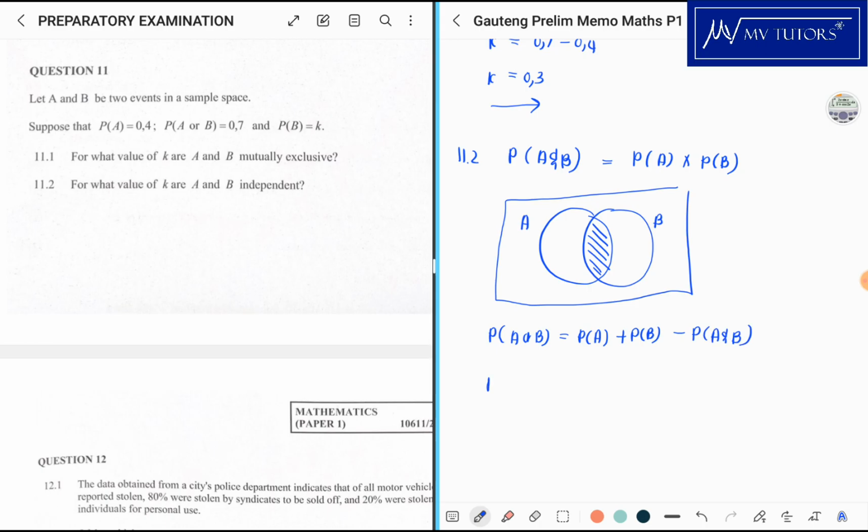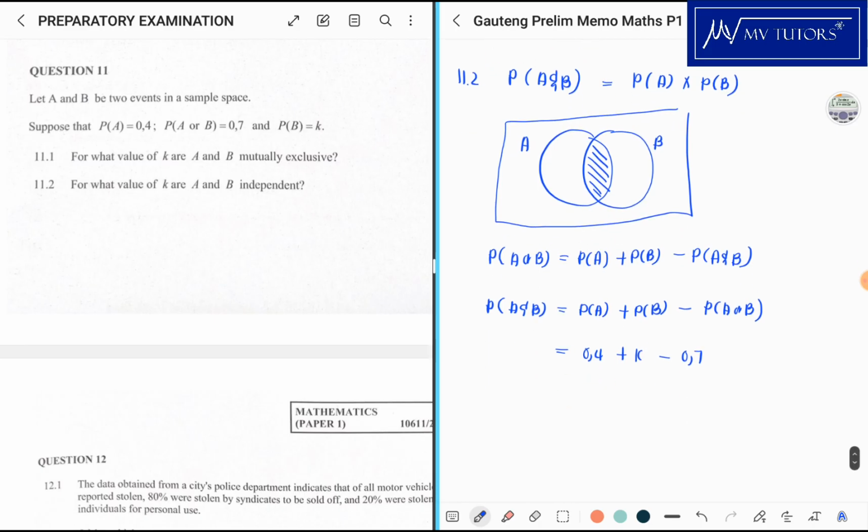If I write this in terms of the probability of A and B, I get the probability of A plus the probability of B minus the probability of A or B. The probability of A is 0.4, B is K, and A or B is 0.7.